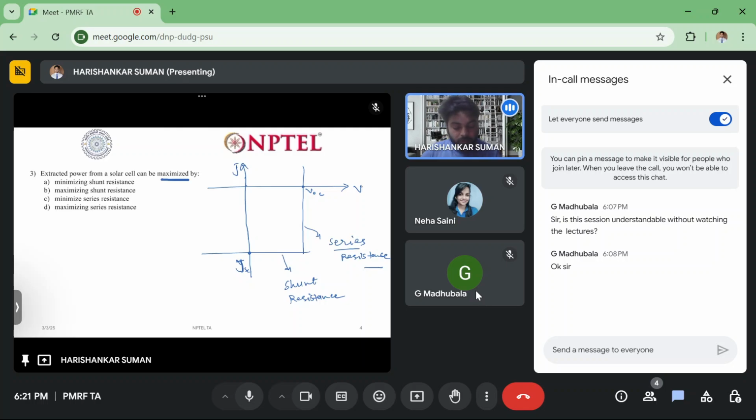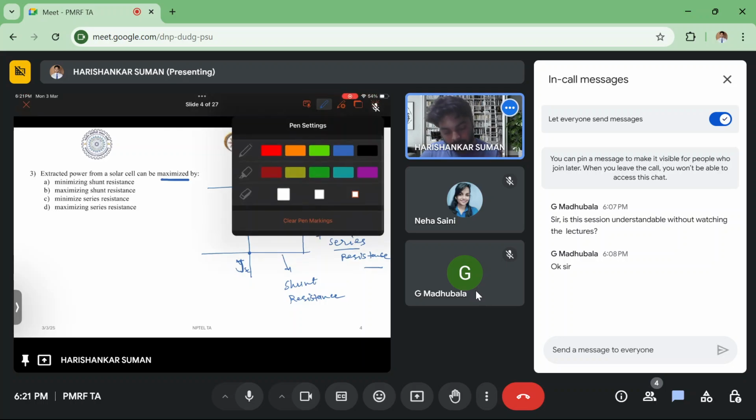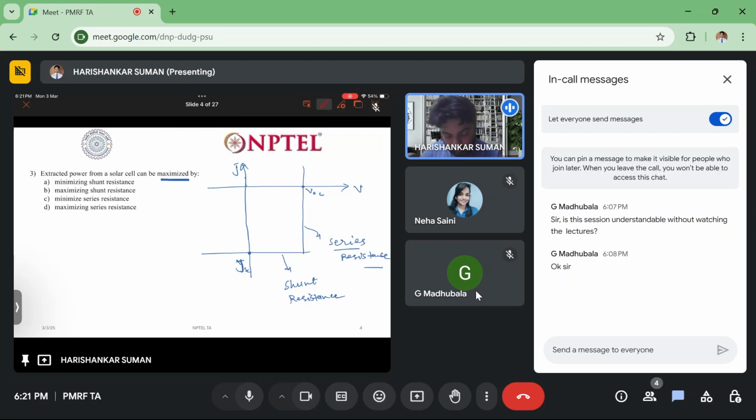How can you calculate the series and shunt resistance? Let's say we have an ideal and a practical solar cell. The practical one has series resistance and also a shunt.